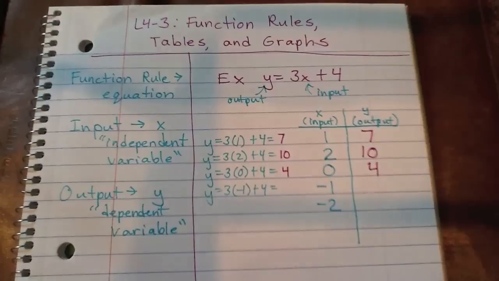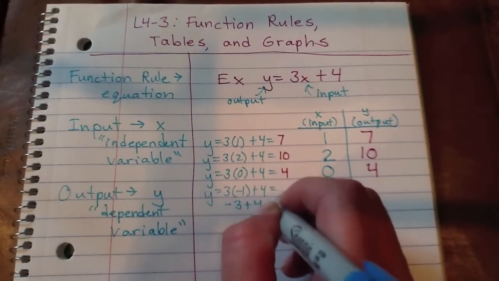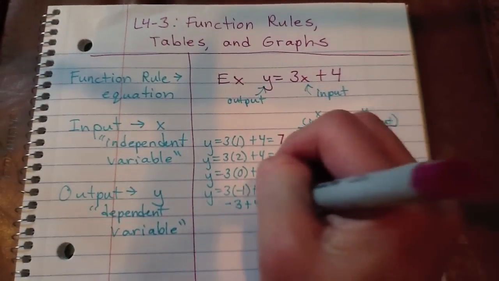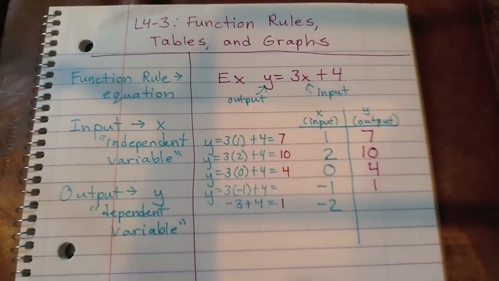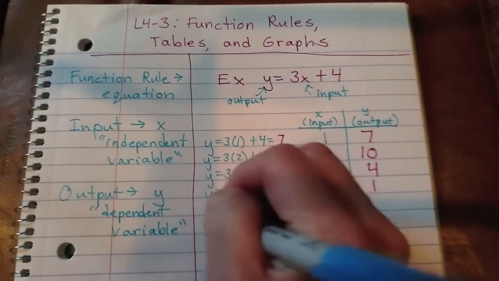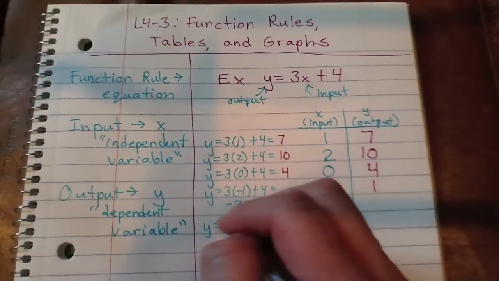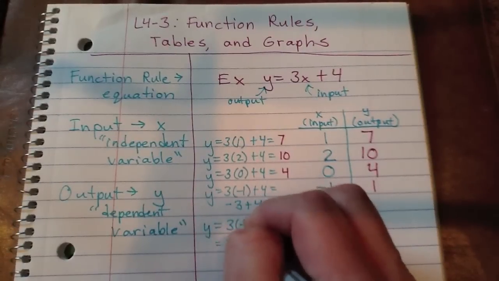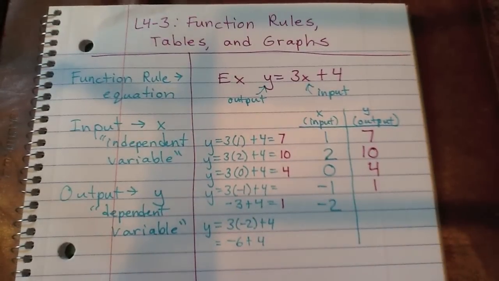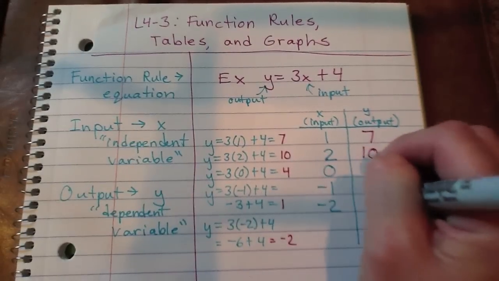You might need to do a little math on this one. It's a -3 plus 4, which is a +1. And then try it with -2. And a -6 plus 4 is going to equal -2.